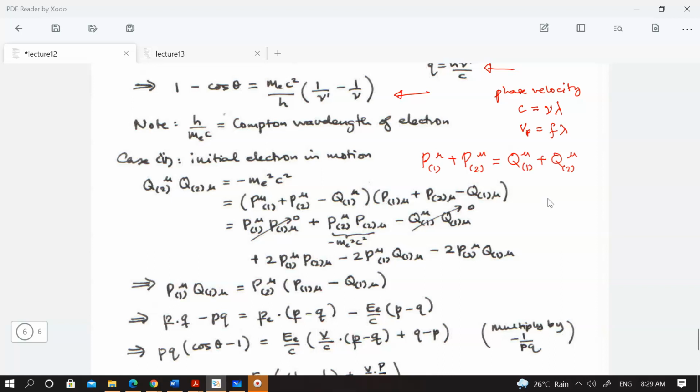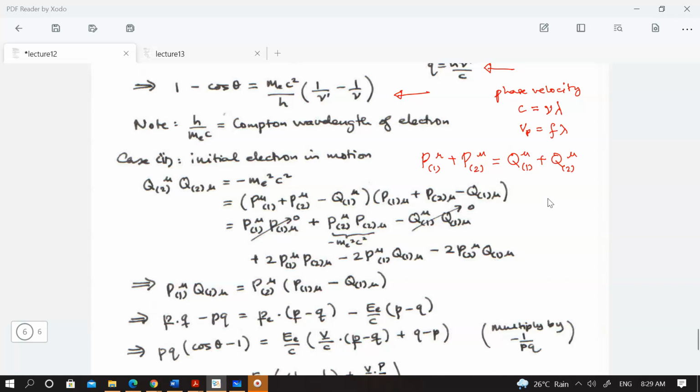Okay, so always remember the convention that we have adopted: P is the one before collision, Q is the one after the collision. I got confused just now. So Q2 mu is the four-momenta of the electron after the collision. Now you can bring this to the other side, and that gives an expression for Q2 mu. So this is essentially that.